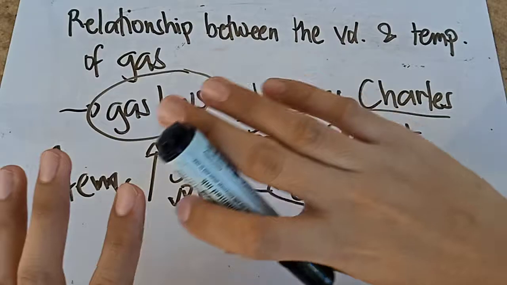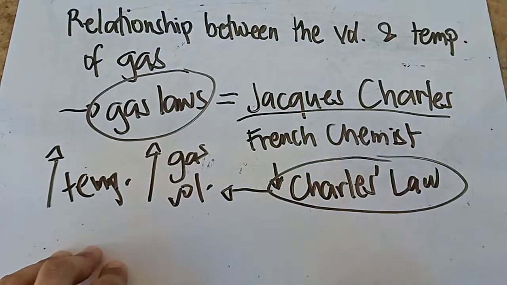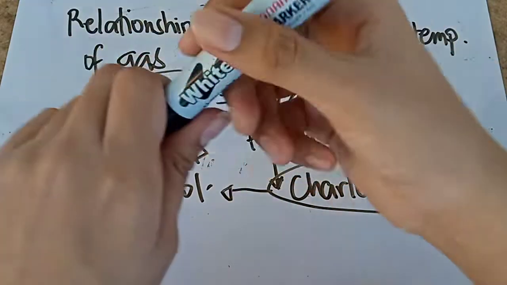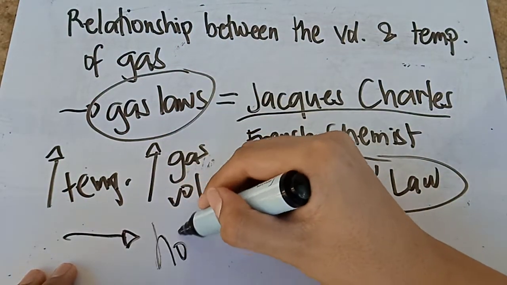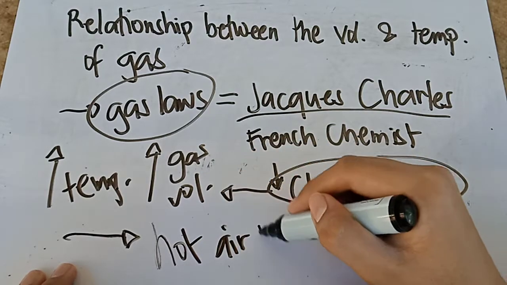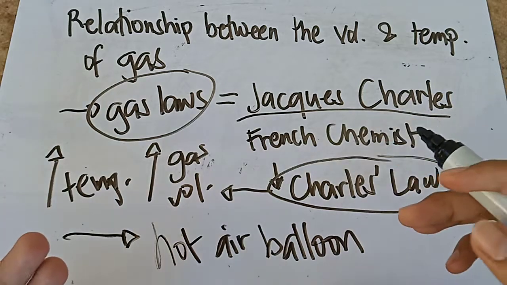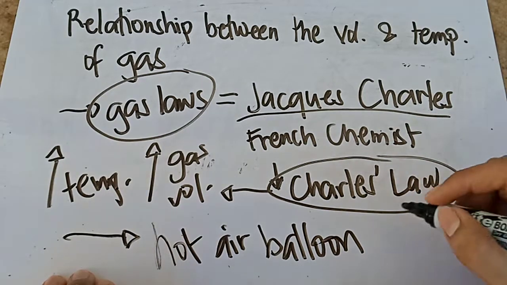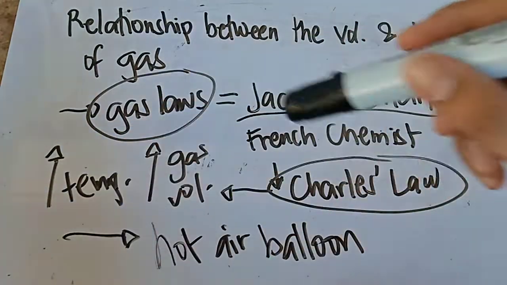This relationship between the volume and temperature of gas can be observed in the case of a hot air balloon. Why? Let's say this is a hot air balloon.